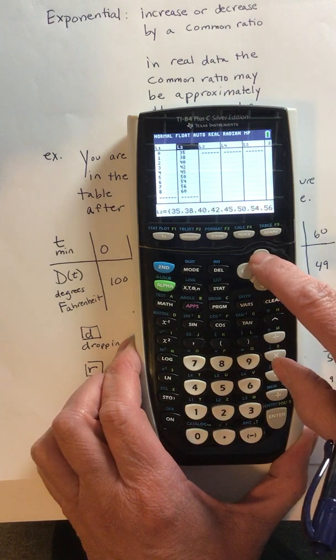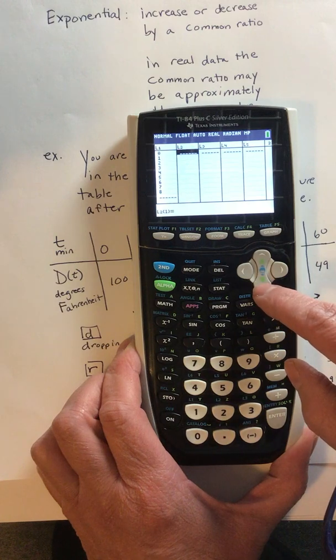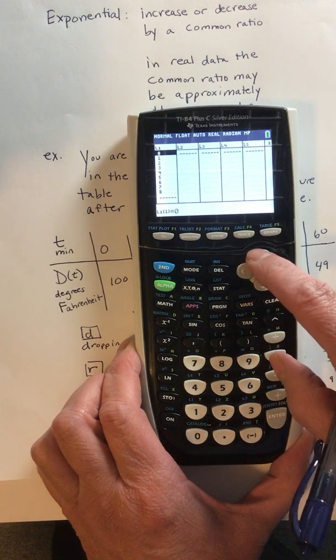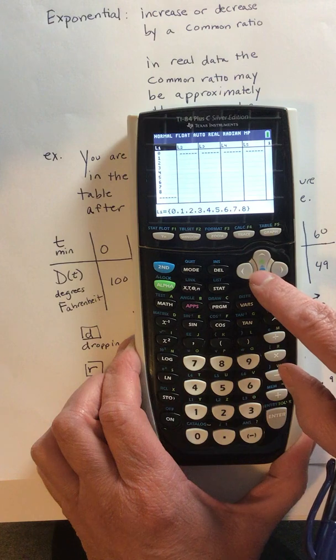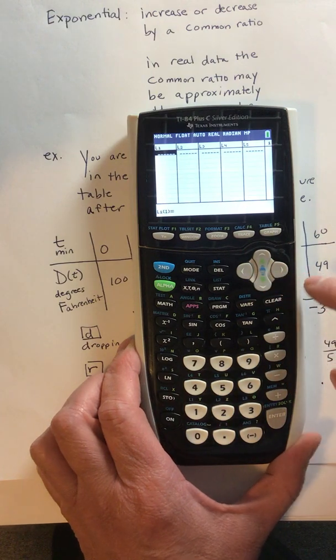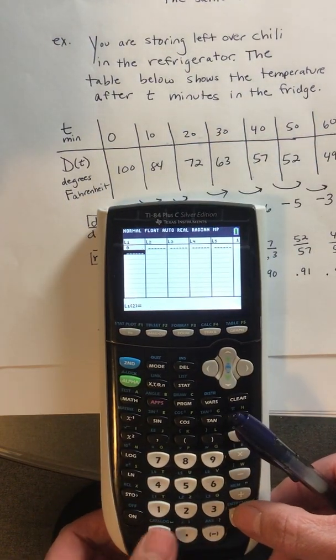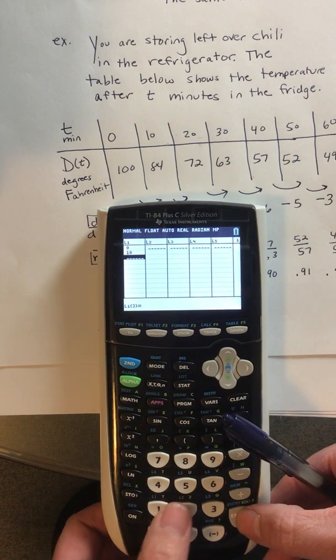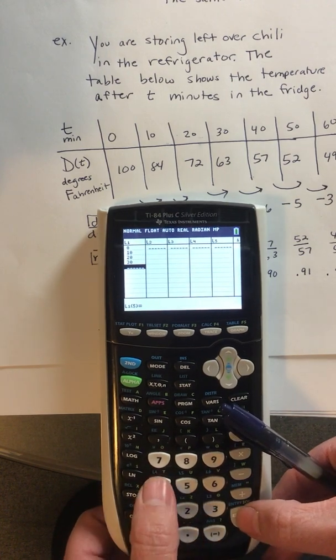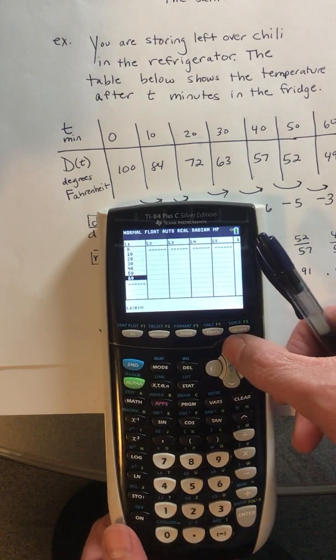So remember, arrow up, hit clear, arrow back down, arrow over and arrow up so the list is highlighted, hit clear and arrow back down. And now let's type in our data. So we have 0, enter, 10, 20, 30, 40, 50, and 60.